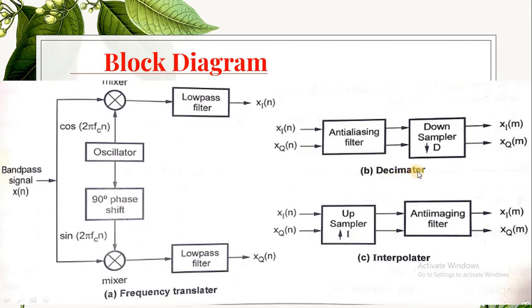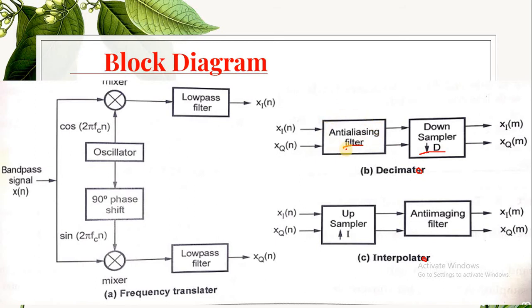Here it is a decimator, and here it is an interpolator. In the decimator, there is an anti-aliasing filter along with the downsampler. I had already discussed what is meant by anti-aliasing filter and downsampling.